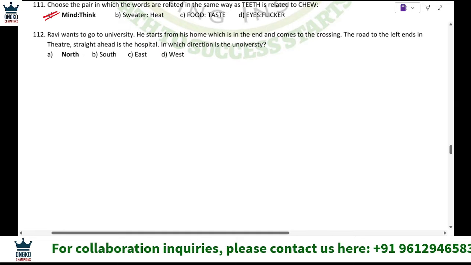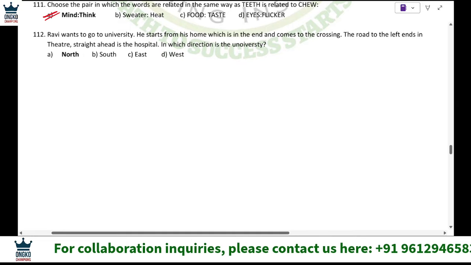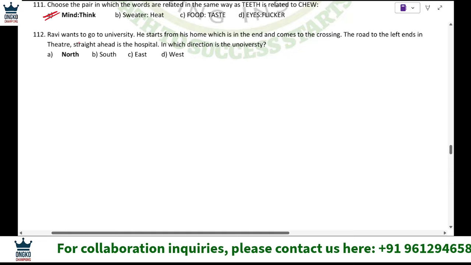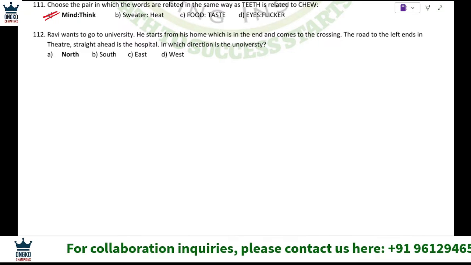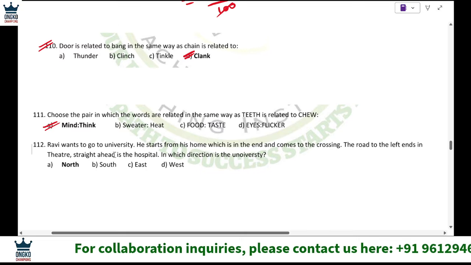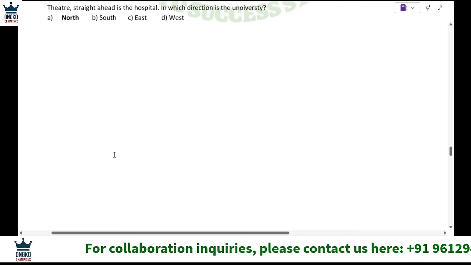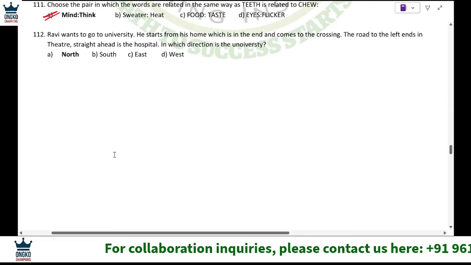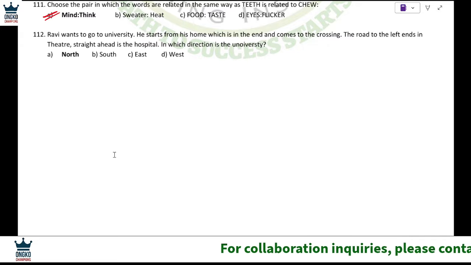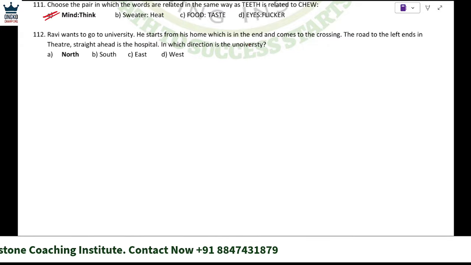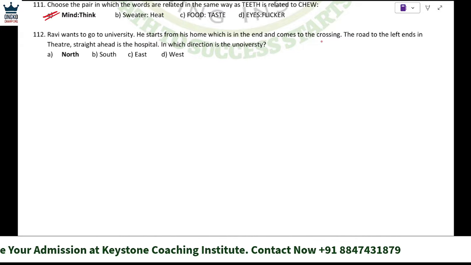Right, next one, 112. Ravi wants to go to university. This is direction reasoning, and these things also, 110, 111, this is also reasoning. Ravi wants to go to university, he starts from his home which is in the end and comes to the crossing.